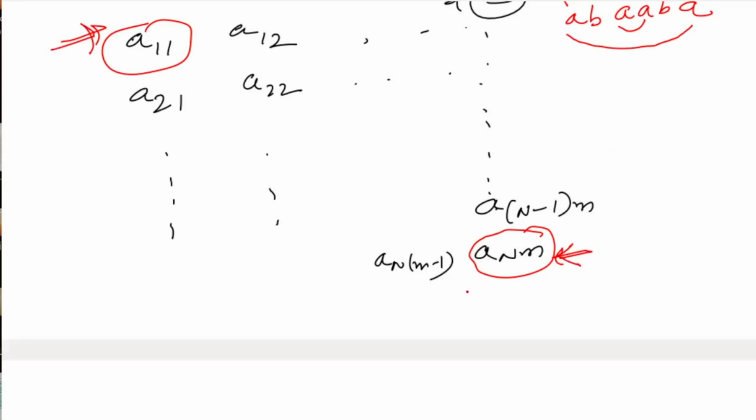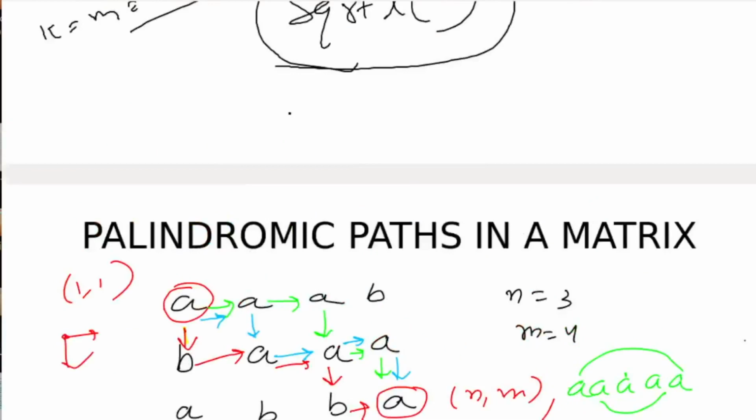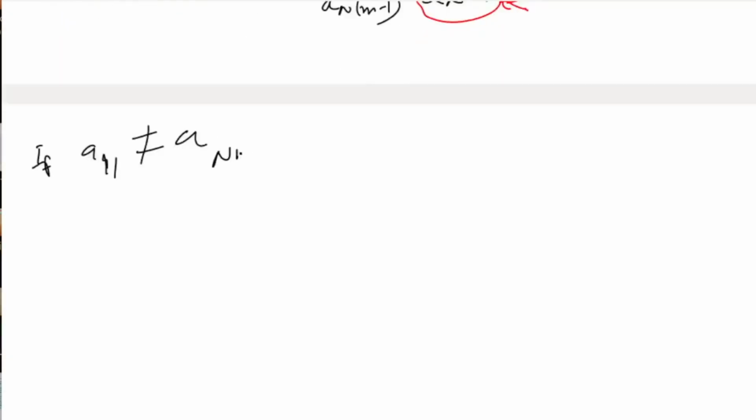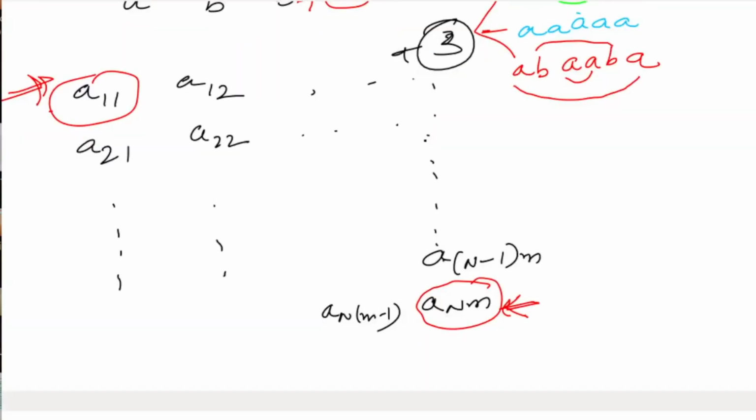So for the whole string to be palindromic, they both should be equal. If they are not equal, then we cannot generate any palindromic path. So if a11 is not equal to a n m, then simply return 0, because there cannot be any palindromic string.